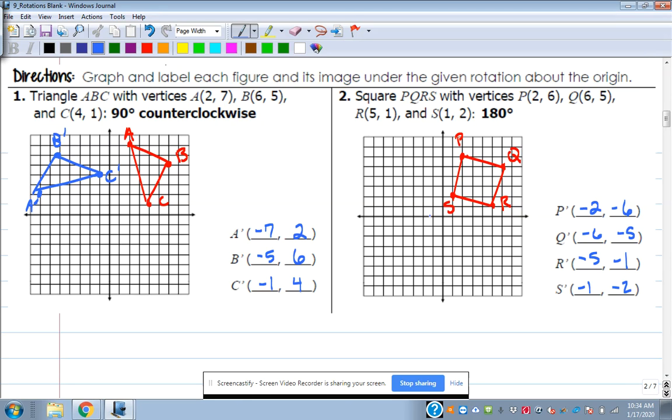So (-2, -6), there's P prime. Q prime would be at (-6, -5). R prime is at (-5, -1), and S prime is at (-1, -2).